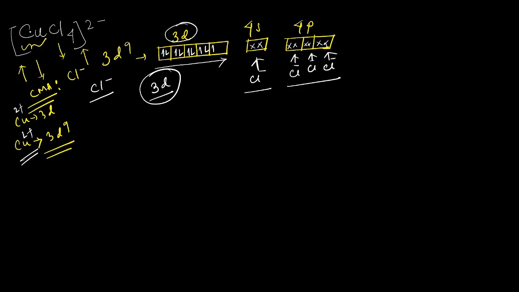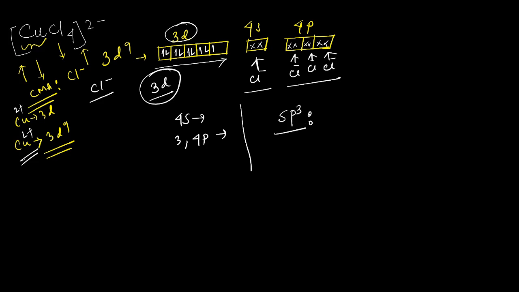Here you can see that the central metal atom has utilized 4s and three 4p orbitals for hybridization before bonding with Cl minus. So the hybridization of the central metal atom becomes sp3.